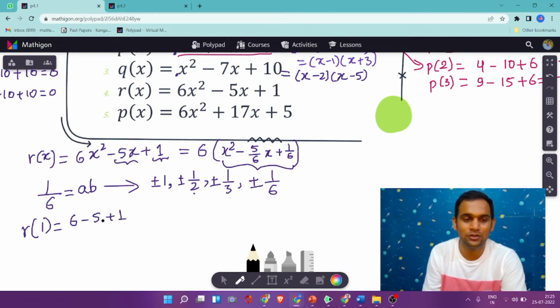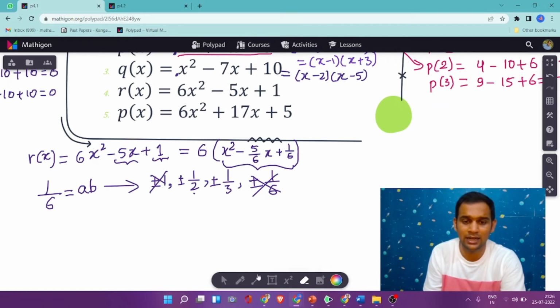This is obviously 6 minus 5 is 1, 1 plus 1 is 2, which is not equal to 0. And obviously, if you do minus 1, the 5 term will rather become positive, so minus 1 will also not give us 0. So plus and minus 1 and plus and minus 1 by 6 are both not possible. So we have eliminated those cases.